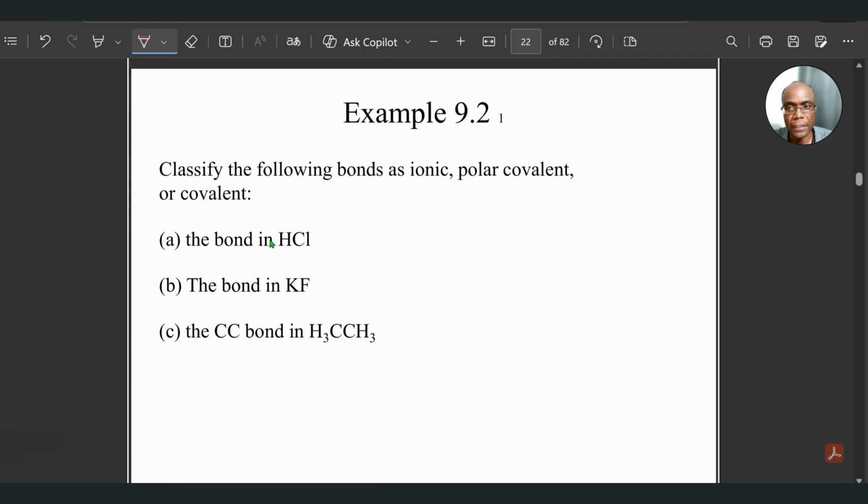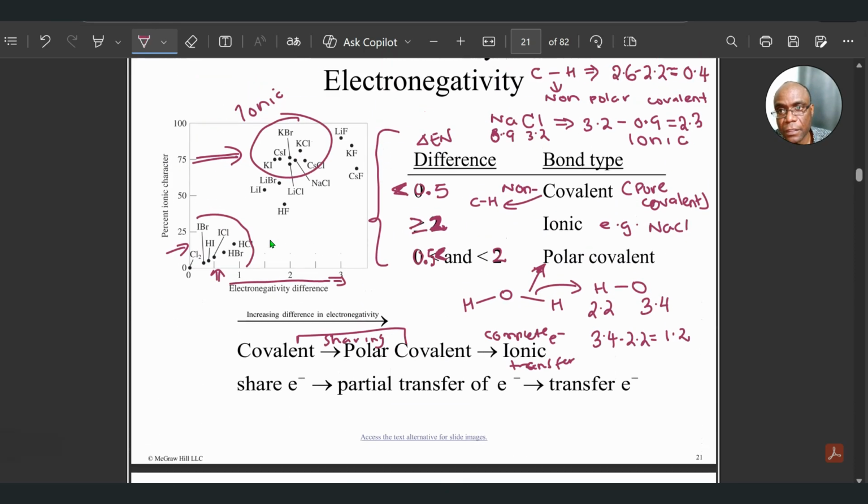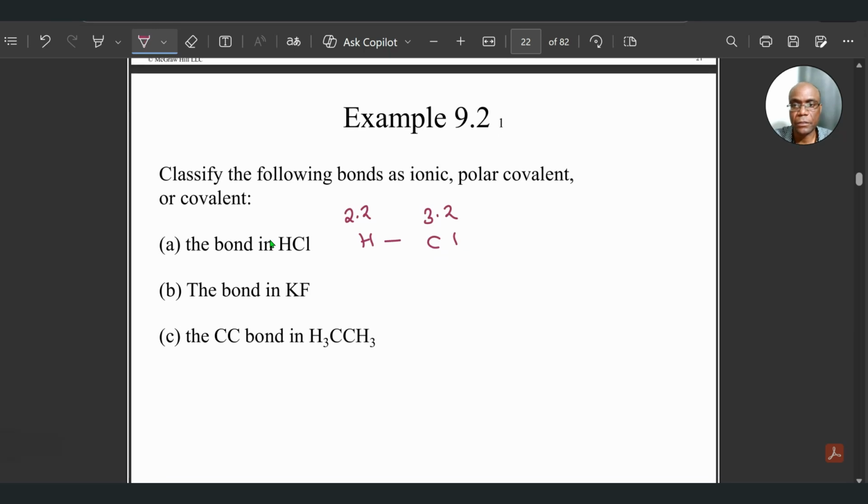Classify the following as ionic, polar covalent, or covalent. The first case is H and Cl. We determined that H is 2.2. The Cl was 3.2, if I'm not wrong. Yep, just use the Pauling scale table. The difference in electronegativity, which is the electron pull ability of an atom, will be 3.2, the bigger number, minus the smaller number.